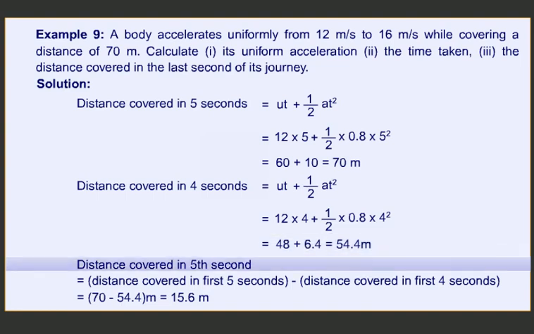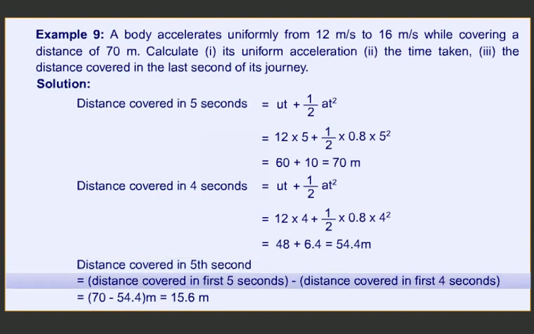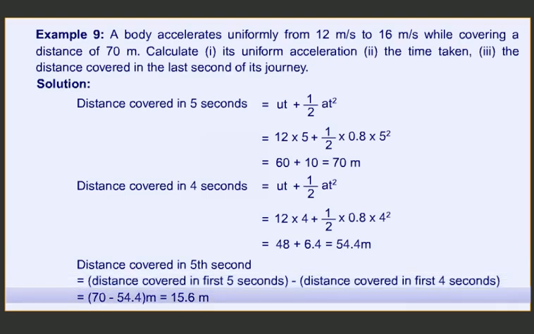Now the distance covered in the 5th second can be calculated by distance covered in first 5 seconds minus distance covered in the first 4 seconds. That is equal to 70 minus 54.4 meter, which is 15.6 meters. Students, the distance covered by the body in the last second of the journey is 15.6 meter.